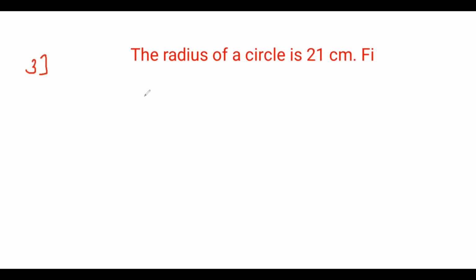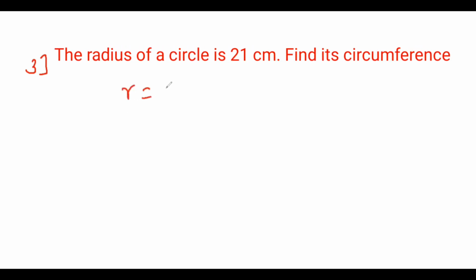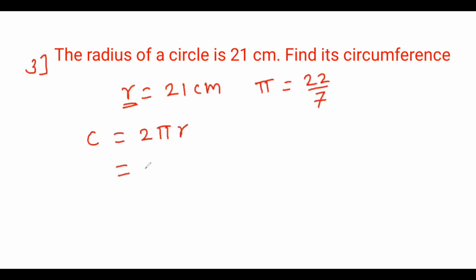Now we are going to solve the problem about radius. Look at here, the radius of the circle is 21 centimeter. So we write r is equal to 21 centimeter and the value of pi is 22 upon 7. Now student, we use the second formula because radius is given here. So C is equal to 2 pi r, and we put in the value 2 into 22 upon 7 into 21.